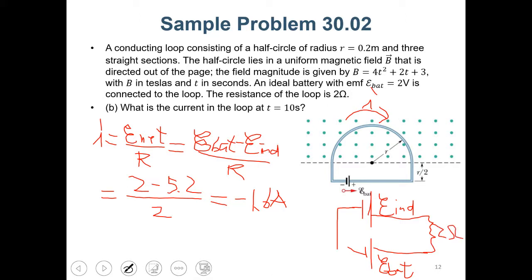This will be a 2 ohm. This is clockwise. This is counterclockwise. Or you can just exchange these two, and then you finally get something like this. And actually, this is clockwise.